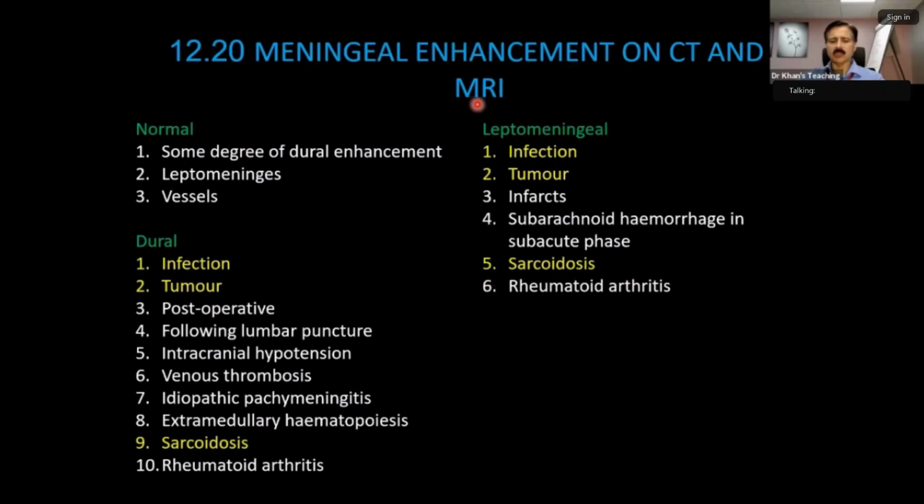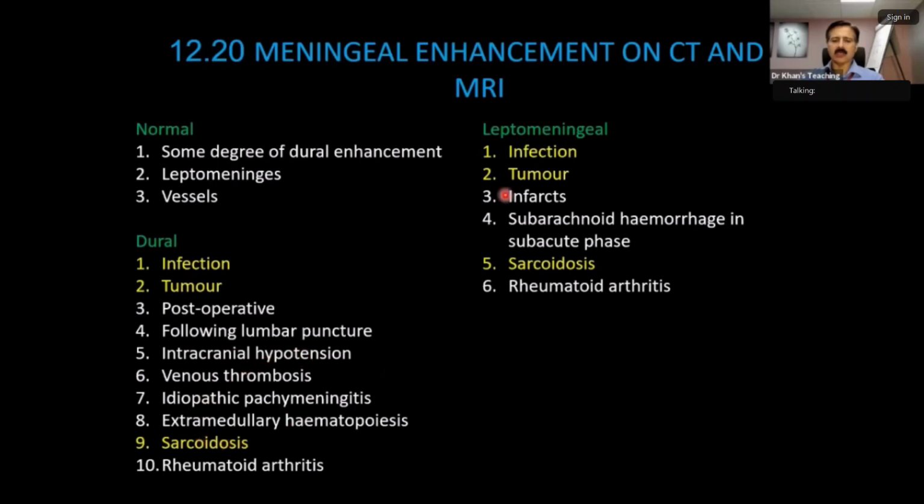Now in your book, there is a differential diagnosis of meningeal enhancement on CT and MR. We have covered it previously, but here we are seeing infections. Please remember, the greatest mimicker, sarcoidosis, will always be there. Infections can be chronic, or pyogenic as in acute infections. And you have also seen a case of intracranial hypotension.